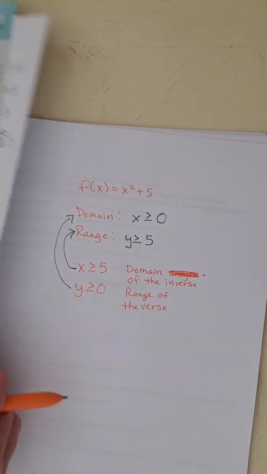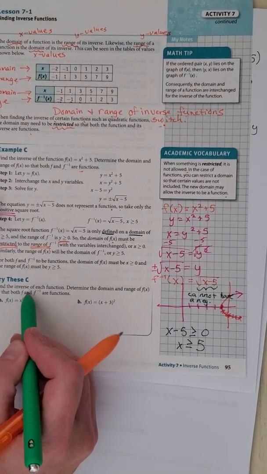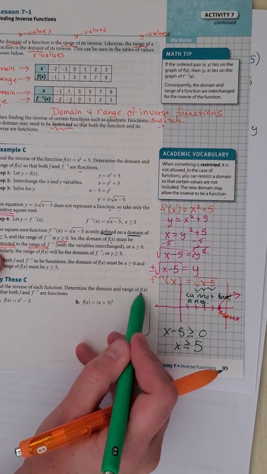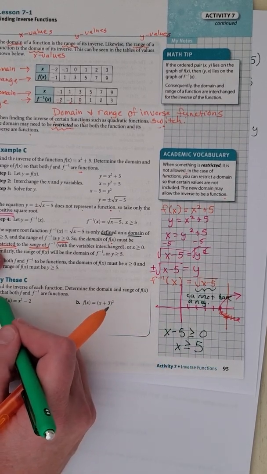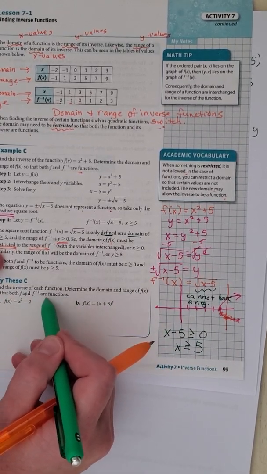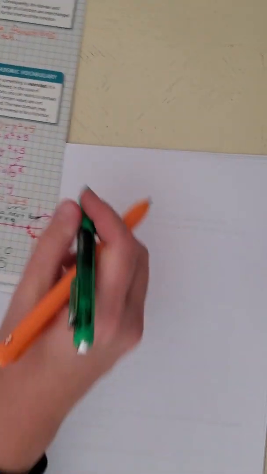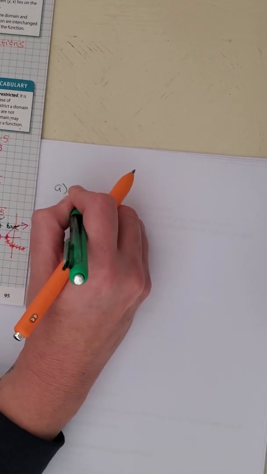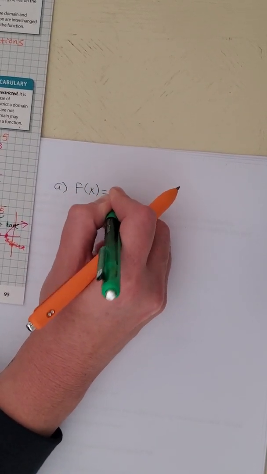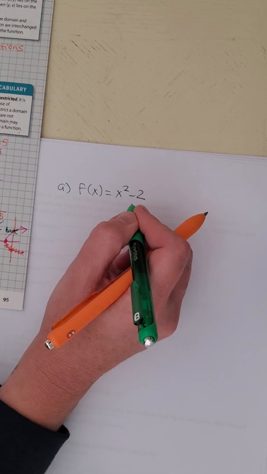All right. It says, find the inverse of each function, determine the domain and range of f of x so that both f and f inverse are functions. Okay, so let me do that on a separate sheet of paper because I am out of room. So we have for A, f of x equals x squared minus 2.